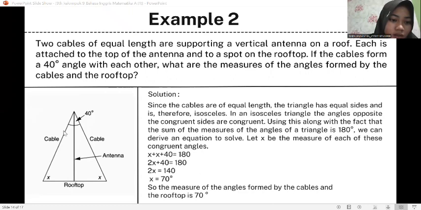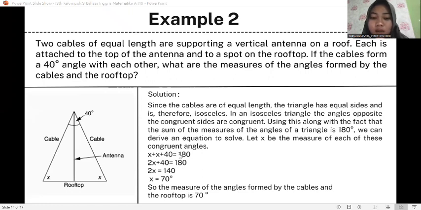So we add all the angles: x plus x plus 40 degrees equals 180 degrees. I'm sorry, 2x plus 40 equals 180.